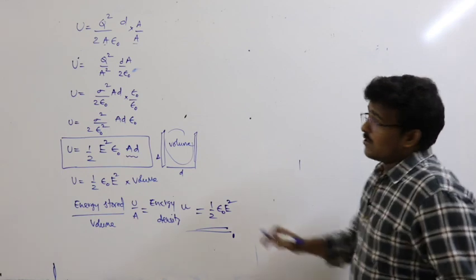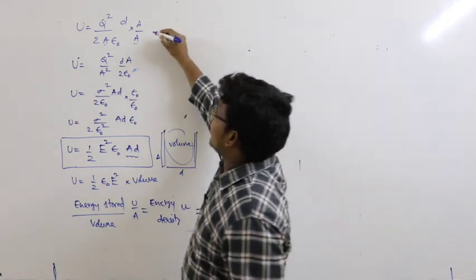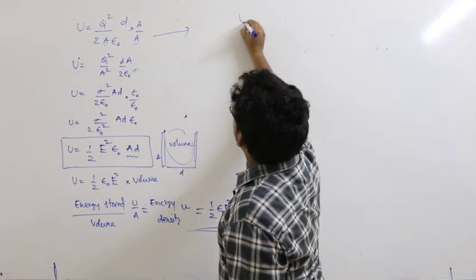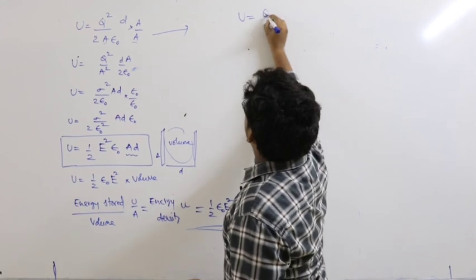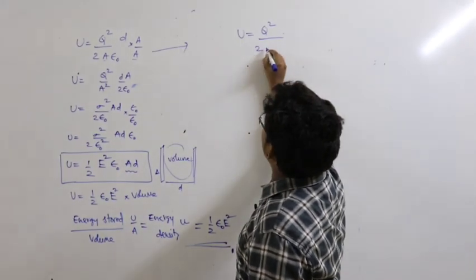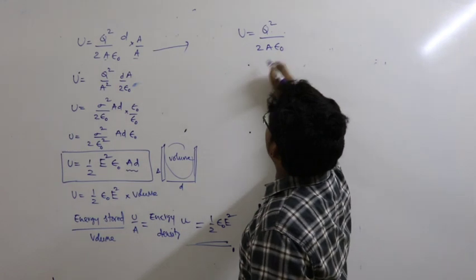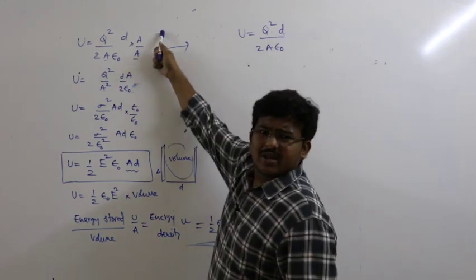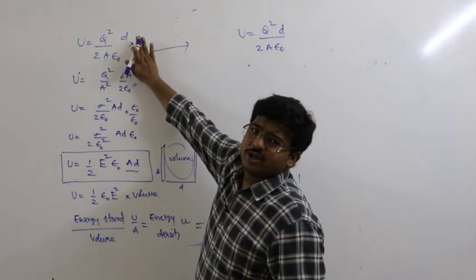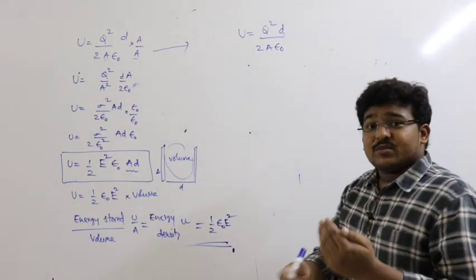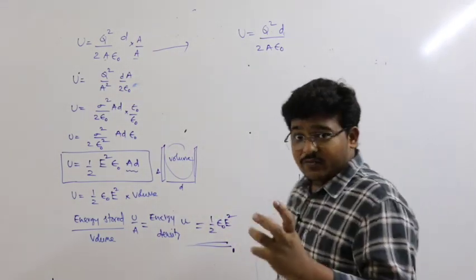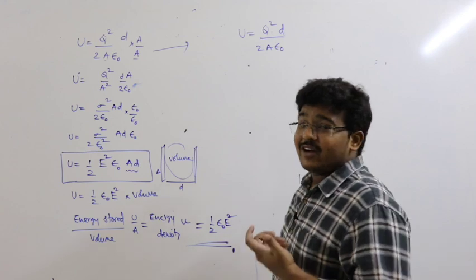From this equation I am just taking U is equal to Q square upon 2A epsilon naught into D. Here A by A cancels. Now I am modifying this formula into required forms. See how.